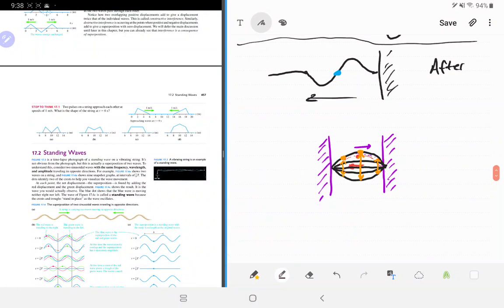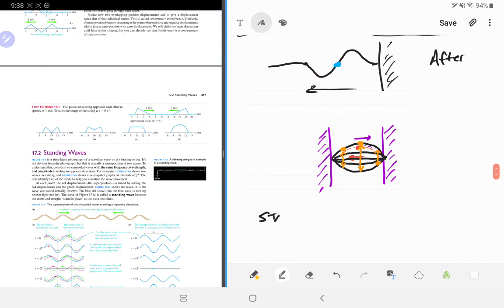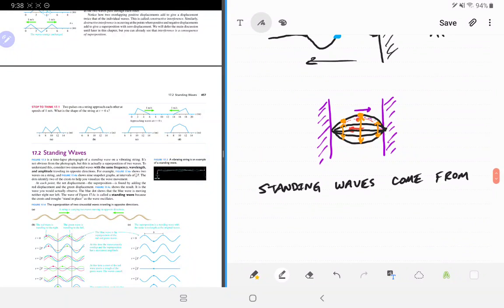The key point to take away from this is that standing waves come from 2 traveling waves going in opposite directions.